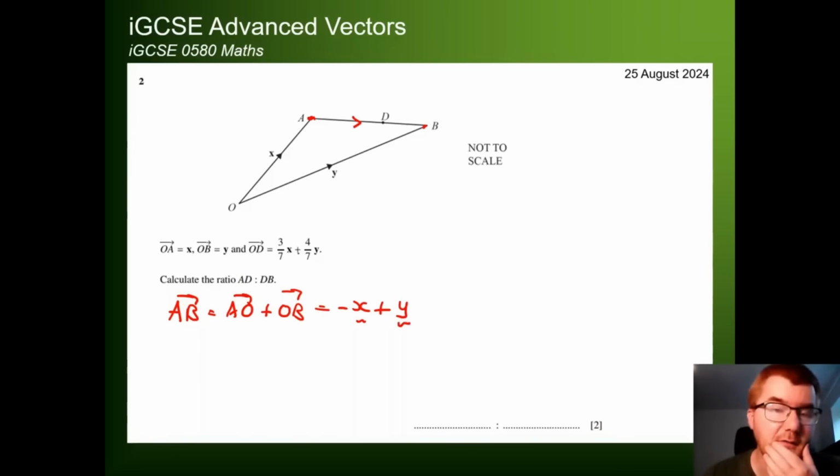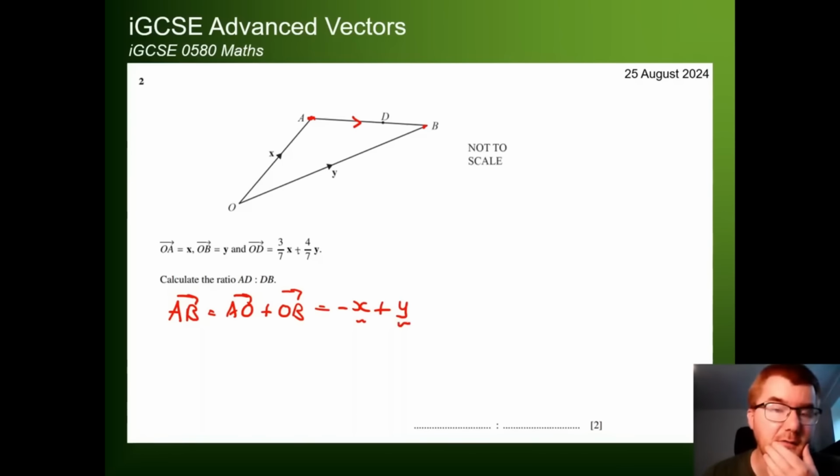Now we can expand the bracket here. So we just get X minus Kx plus Ky. And again, we can rewrite this slightly. So we can factorize out an x.